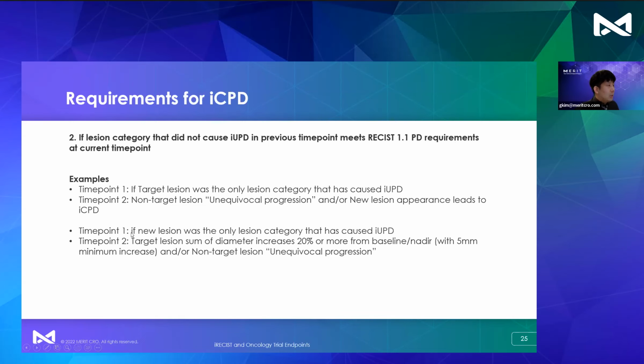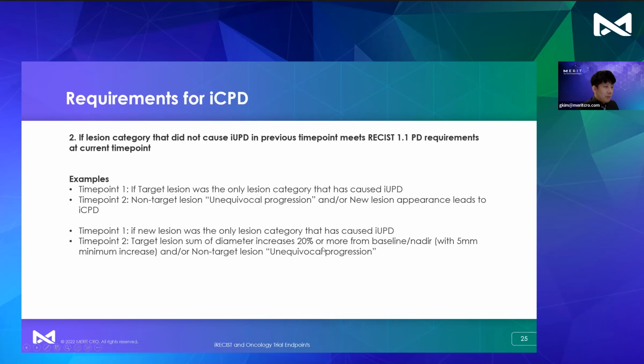Another example: at time point 1, the new lesion was the only lesion category that caused the IUPD. Basically, at time point 1 we found new lesions that gave the IUPD, and target and non-target lesions did not cause any issues for progression at time point 1. Now, at time point 2, the target lesion sum of diameters increases 20% or more from the baseline or nadir with a minimum 5 millimeter increase, and/or non-target lesions show unequivocal progression.